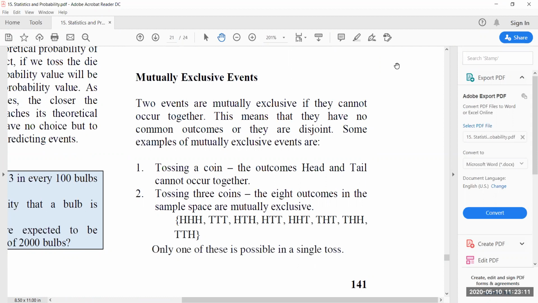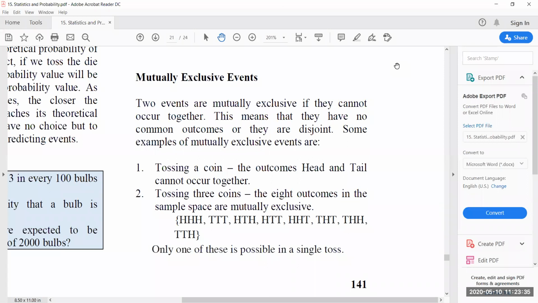This means that they have no common outcomes or they are disjoint. An example of mutually exclusive events is tossing a coin, where the outcomes head and tail cannot occur together, right? You cannot toss a coin and get heads and tails together. One has to happen, not the 2.